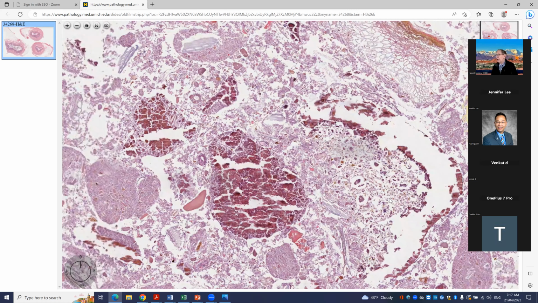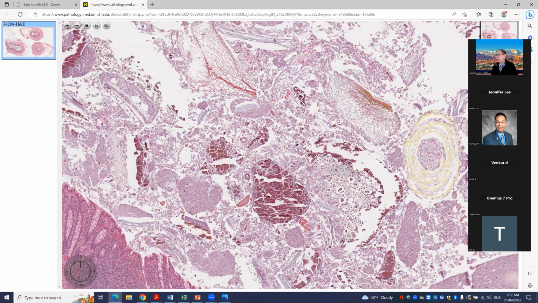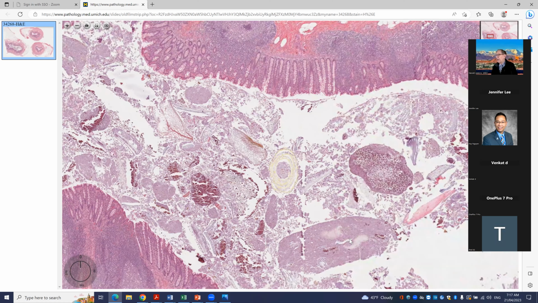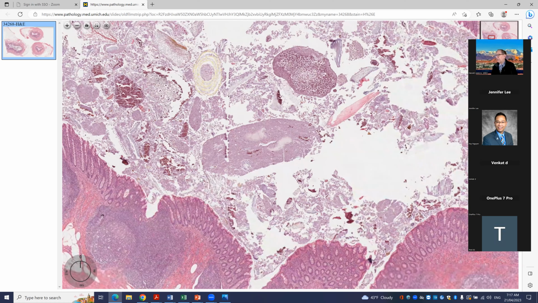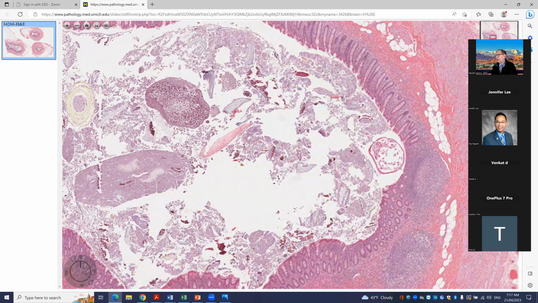If you were really savvy and picked up on this, you also would have noted that we have down here at the very distal tip another structure that looks a little bit unusual here.